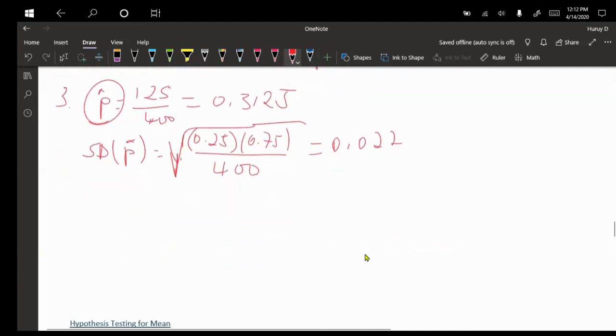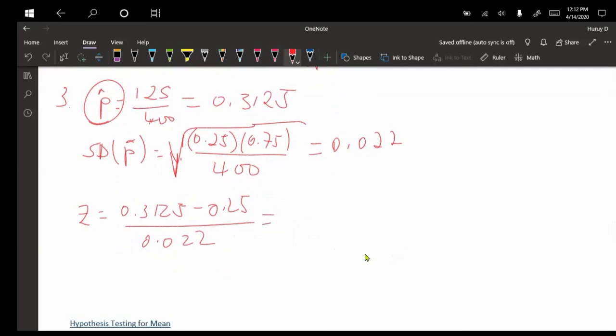Okay, and then the next is to find the z value. And this is p hat, which is 0.3125, minus 0.25, over 0.022.